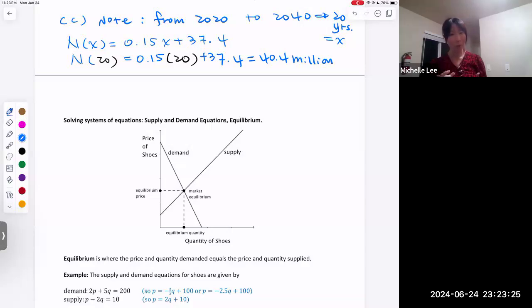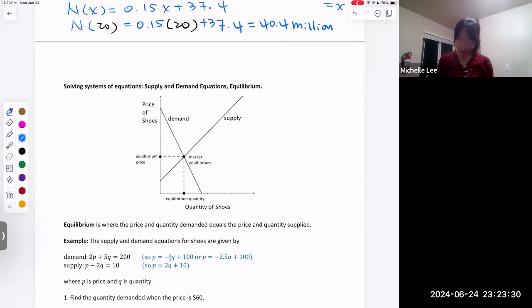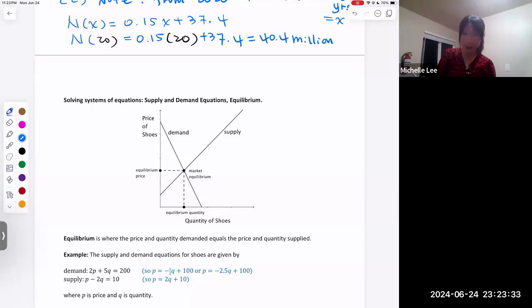It's hard to pronounce, commodity. Okay, now we have a supply by company.